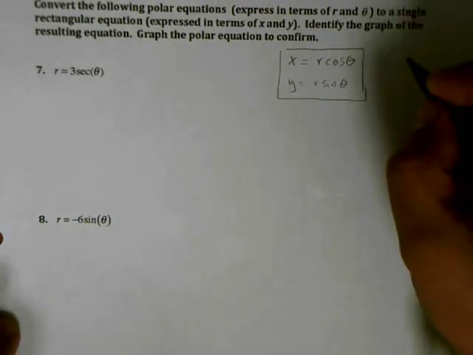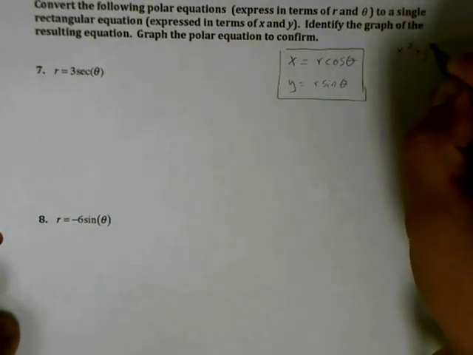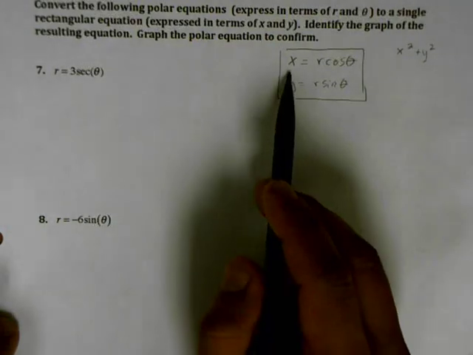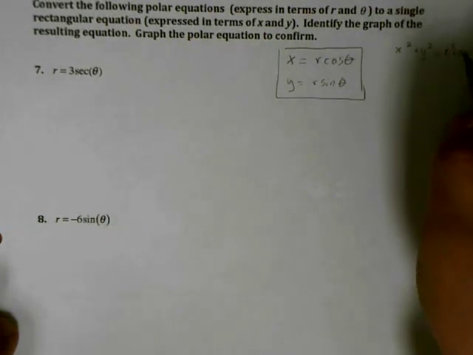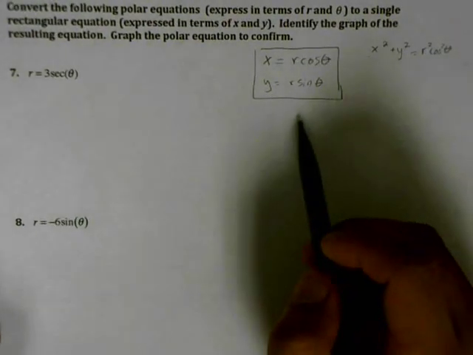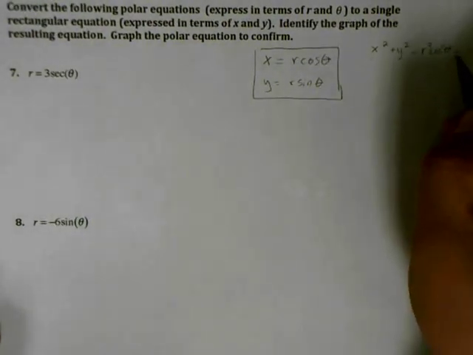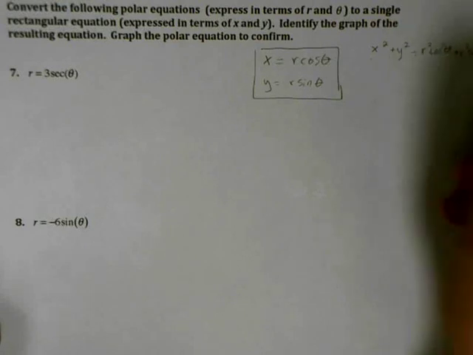Now I can also extend this idea and I can say x squared plus y squared. So x squared here, if I square this, is going to give me r squared cosine squared of theta. If I want to square y, it's going to give me r squared sine squared of theta.